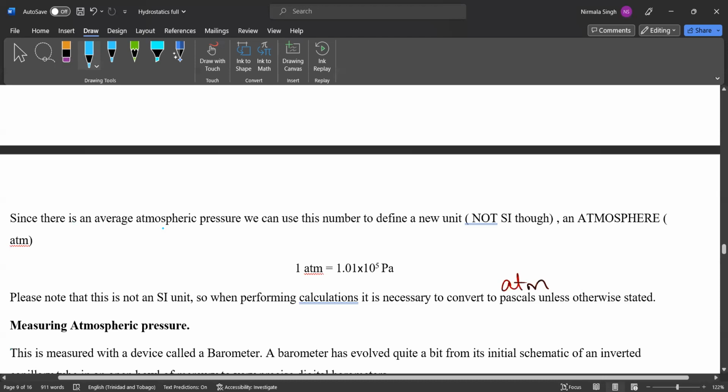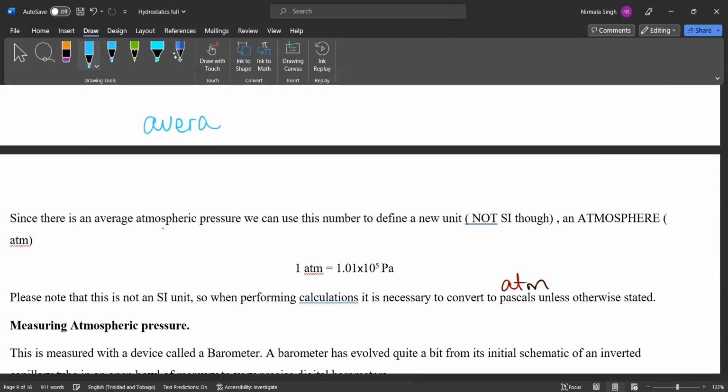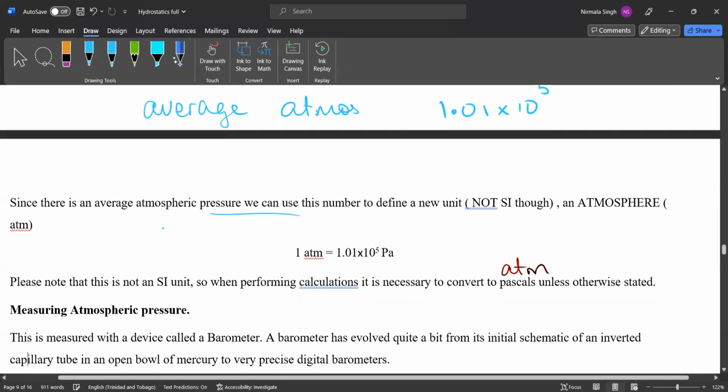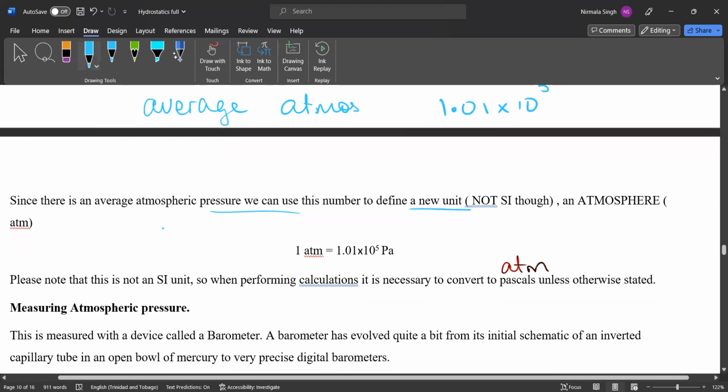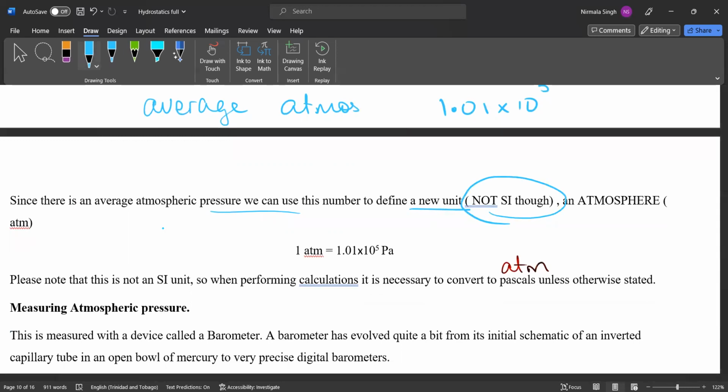Since we just looked at it here, we talked about the average atmospheric pressure, which is 1.01 by 10 to the 5. We use this value to represent something. Since there's an average atmospheric pressure, we can use this number to define a new unit. Please note this is not an SI unit, so you cannot use it in calculations generally.